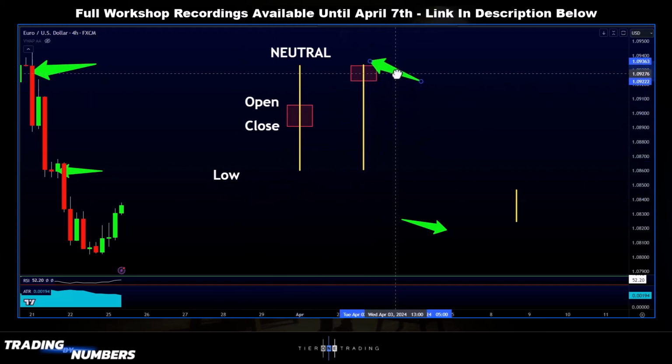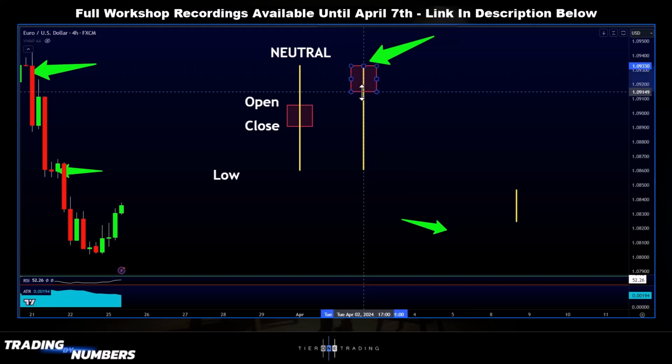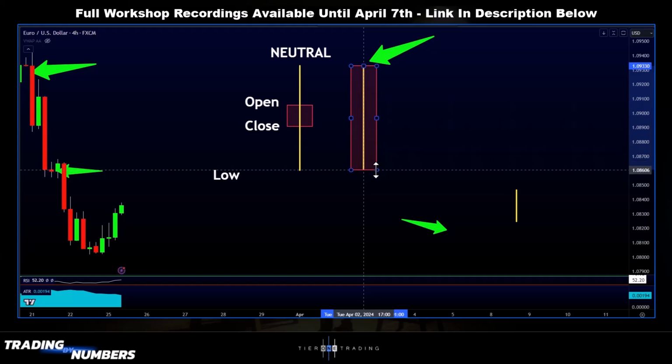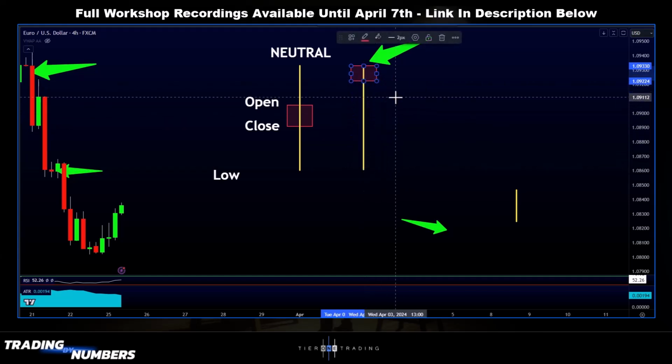The extreme high was right here, close to the open. We never really went bullish, maybe by a tick or so, but pretty much stayed within this range. We also know that in this candle, at some point during the session, price took us all the way down here, right? But at some point also in the session, we got beat back up and we closed up here.